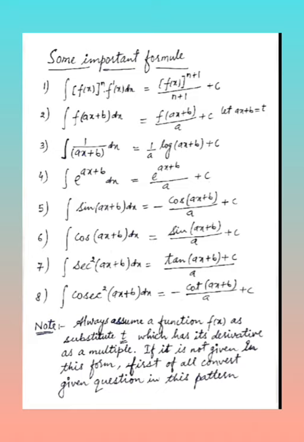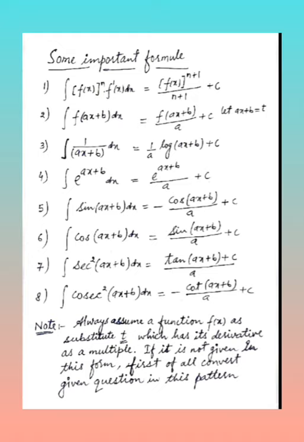It results in F(ax plus b) upon a plus c. Here we assume ax plus b as t. Formula 3, integration of 1 upon ax plus b into dx. It results in 1 upon a log of ax plus b plus c.